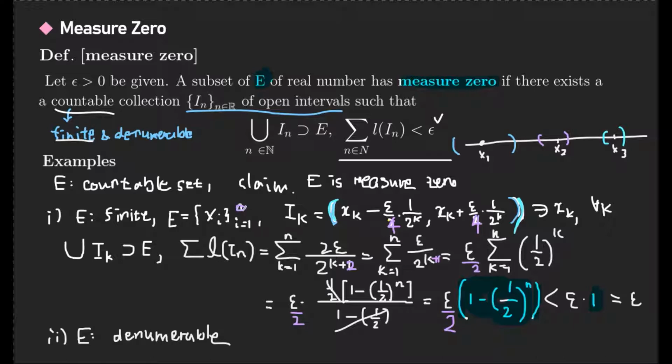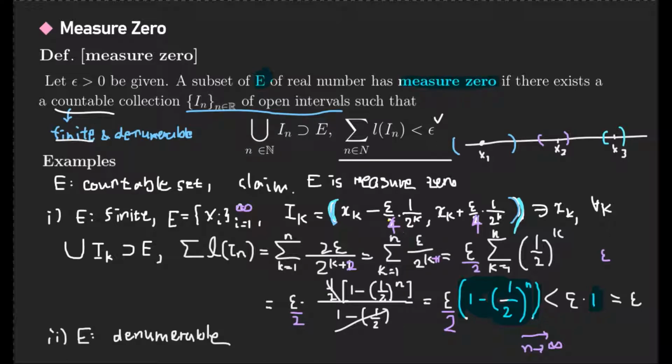This is the infinite case, okay? So in this sequence, n goes to infinity. But if this is 2, as n goes to infinity, the result is epsilon, okay? So this does not satisfy our definition.